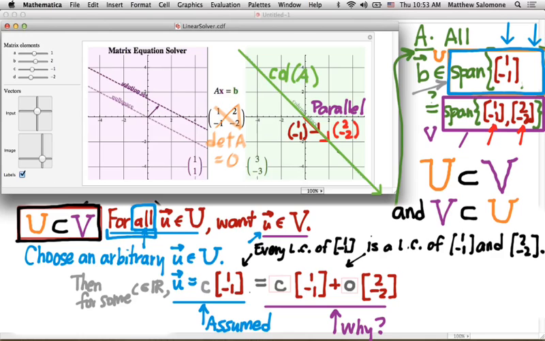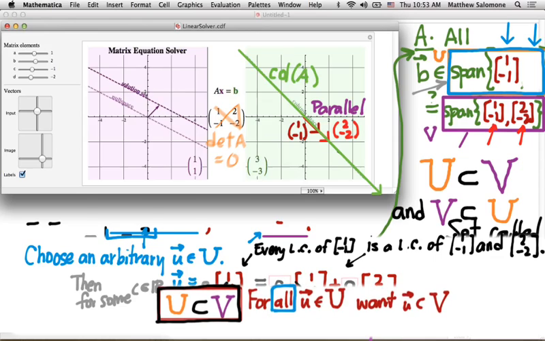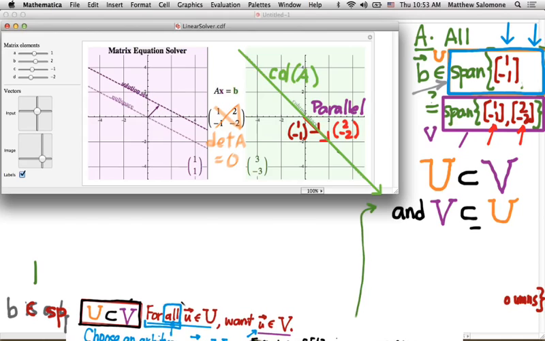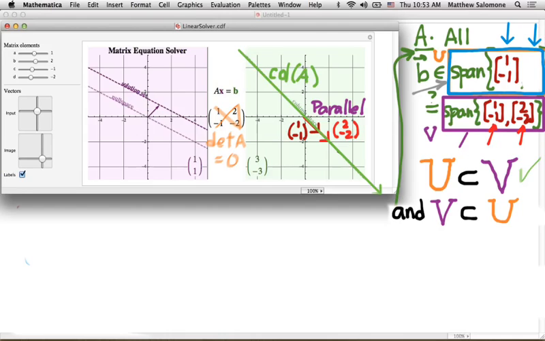So let's take a look at how to prove the backwards containment. Now that we've shown that U is a subset of V, we need to also show that V is a subset of U in order to establish the equality of both sets. To establish the second step, we just need to go backwards.